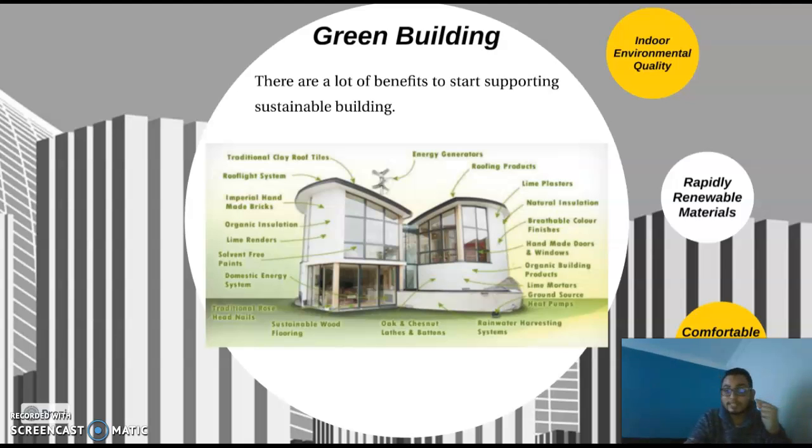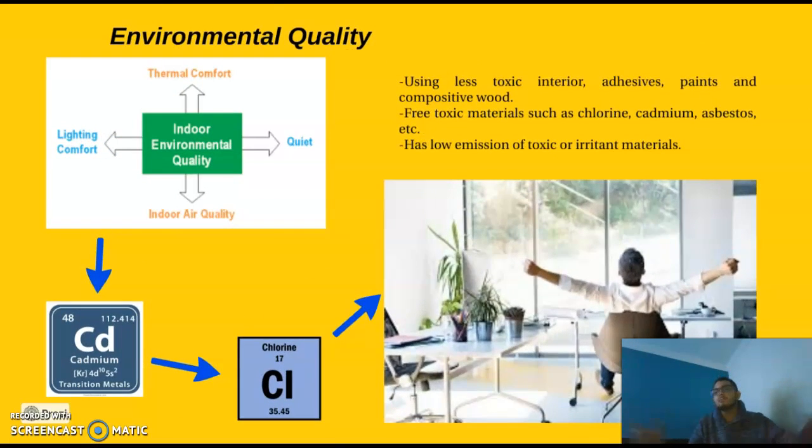But to understand this, you need to know three aspects: the indoor environmental quality, the rapidly renewable materials, and the comfortable, sustainable house. Have you ever noticed that it's so relaxing to take a seat in your living room or in your bedroom and not think about your issues, your problems?